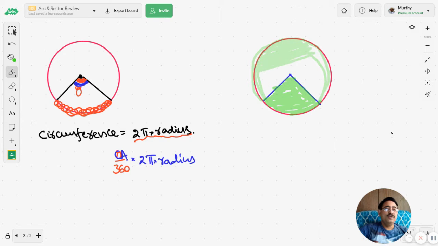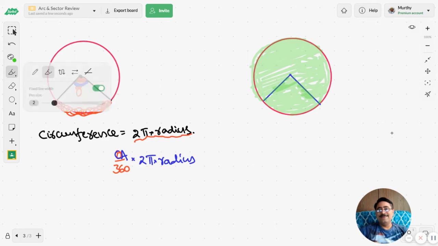Suppose I'm computing the whole, then I have to make use of the area of circle formula. But if I'm taking only this part, it is a portion of the area of the circle.